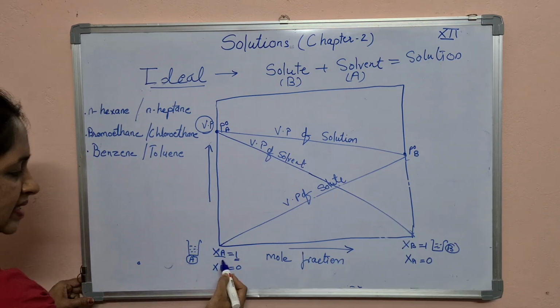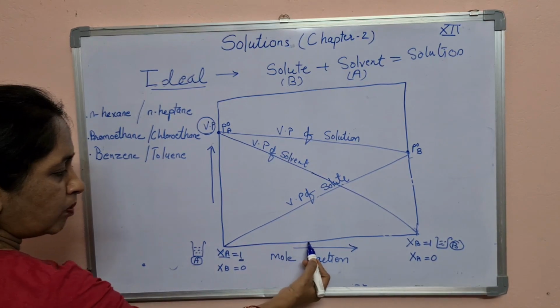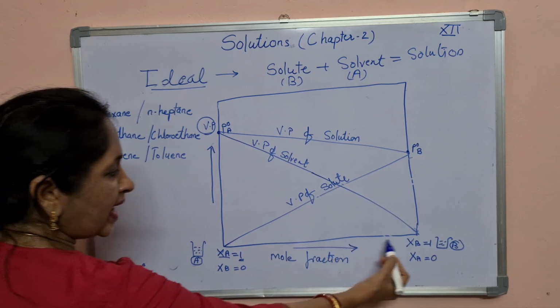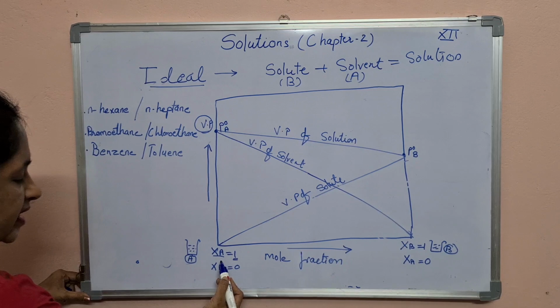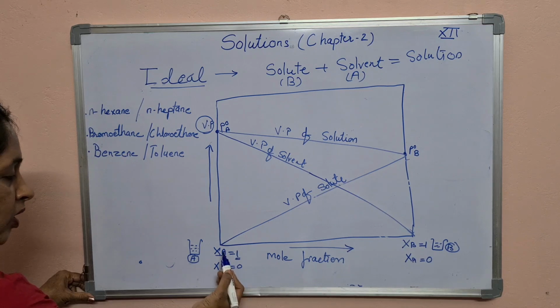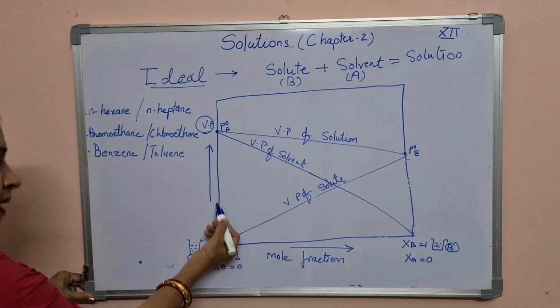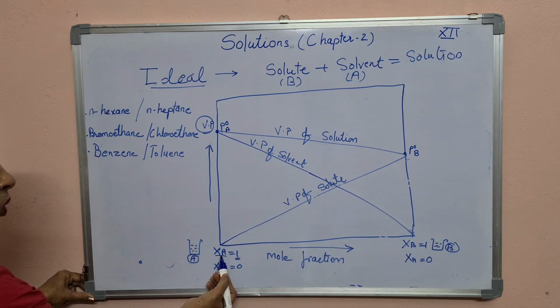So for example, XA is 1, and at this point it will be now 0.9, 0.8, 0.7, 0.6 and so on. At this point XA is maximum. There is no amount of XB. XB is 0. It means that whatever the vapor pressure I measure here is only due to the solvent.